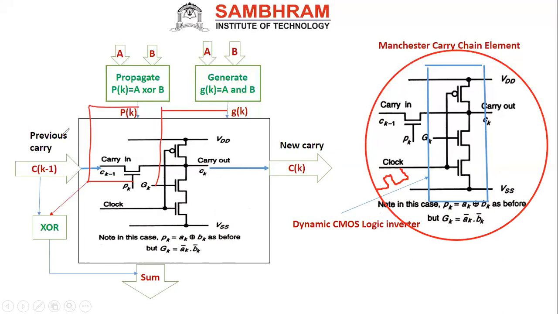Now you can see it has to produce a sum also. What will be the sum? What is the expression for the sum actually? It is nothing but P(k) XOR the previous carry, or I can say it is A XOR B XOR C. So this point is A XOR B, then one more C(k-1). With all three XORed, here I will get P(k) XOR C(k-1).